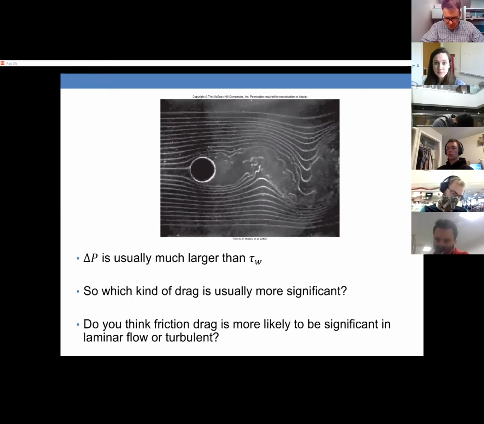So higher velocity, more pressure drag; higher viscosity, more friction drag. So in laminar flow, which has higher viscosity and lower velocity, you get more friction drag. But laminar flow, we've talked about, is relatively rare. Most of life is turbulent.